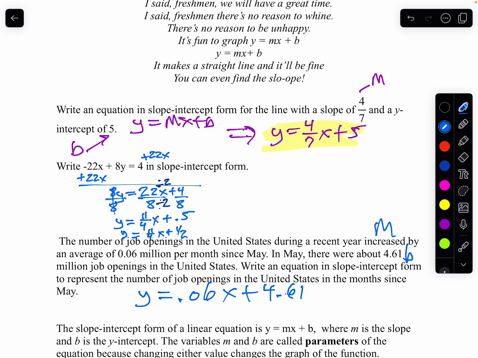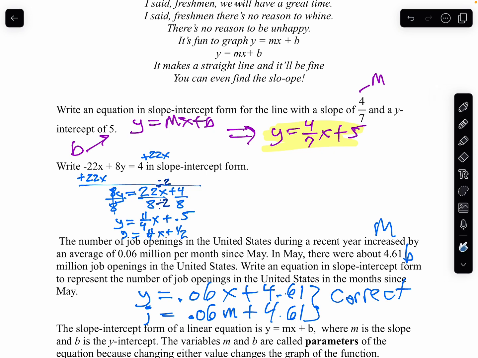So, for example, I could say the number of job openings, I'll call that J, and we're doing per month, and I'll say J equals 0.06 m plus 4.61. Both of these are correct, except in the first one, I have to define what y and x are. The second one, J stands for jobs.